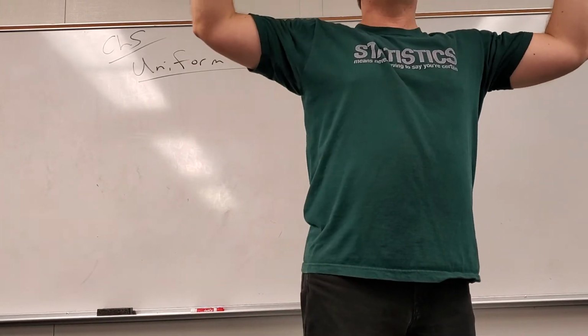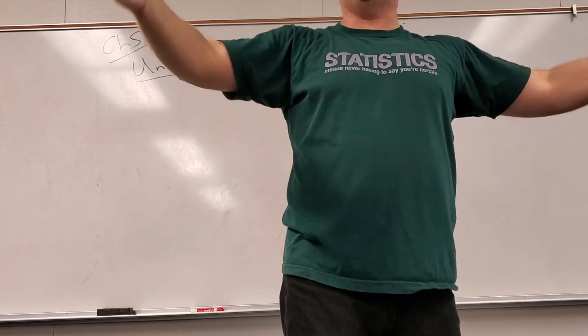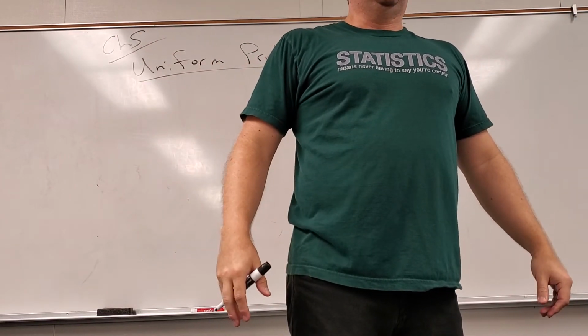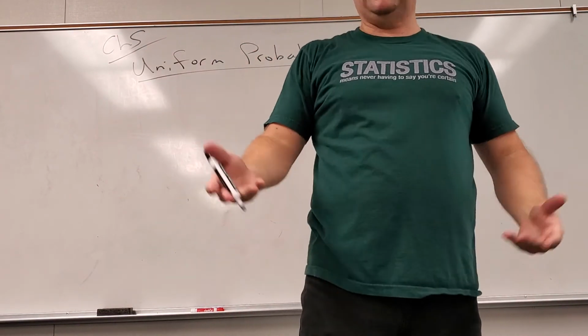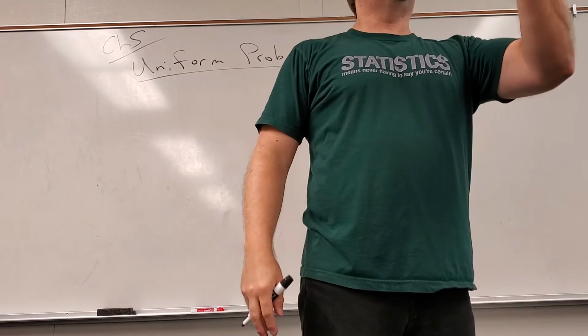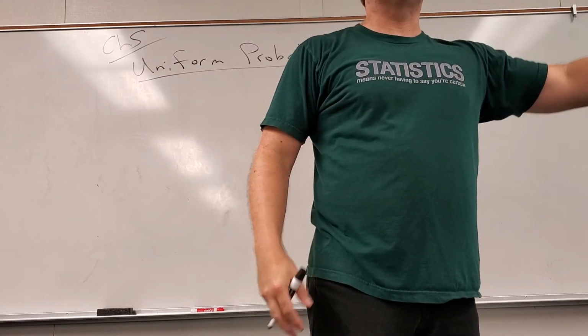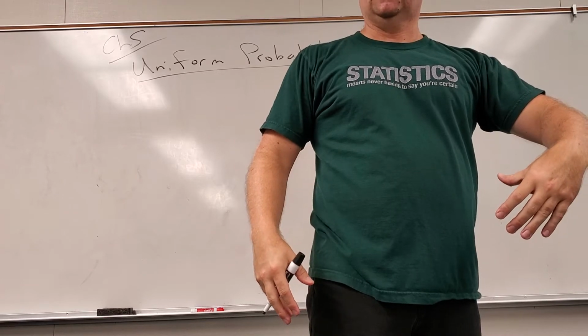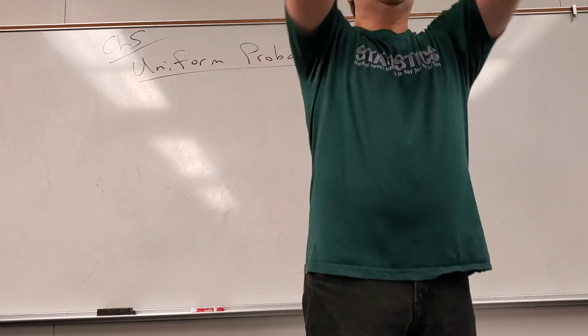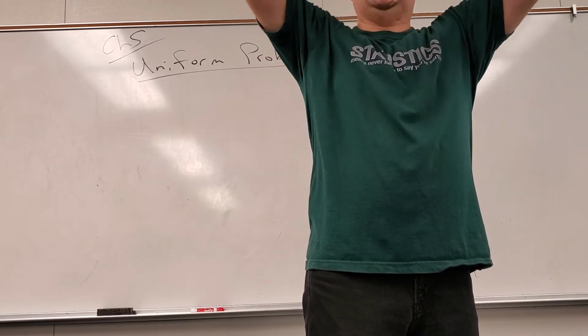So what is the word uniform? When I say uniform, of course, what do you think of? A uniform, everybody gets the same outfit. So uniform probability is everybody gets the same probability.